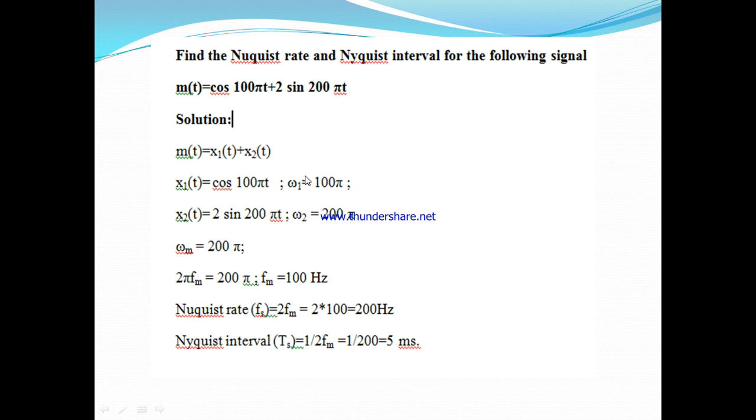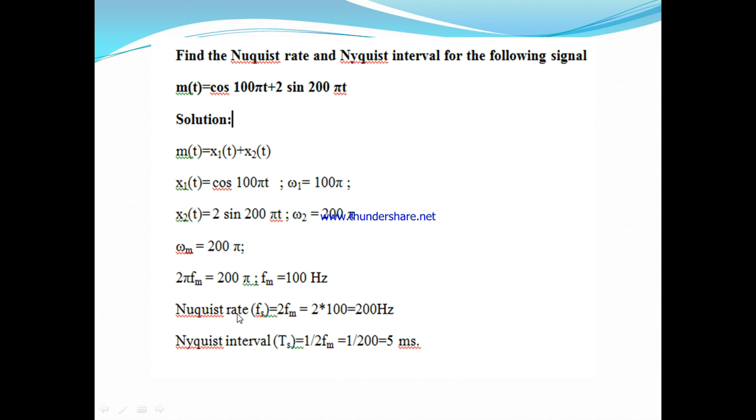Considering these two signals, the highest angular frequency is 200 pi. So we take 2 pi fm equal to 200 pi, and from this we calculate fm. The highest frequency of the message signal, fm, is 100 Hz.